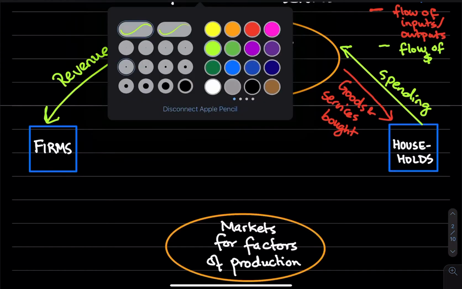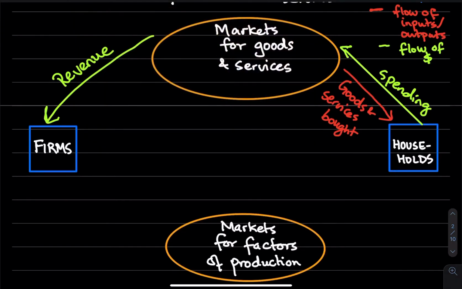And what's going to happen is this is sort of the two sides of the same coin here, where goods and services were sold in exchange for this revenue in this market. Okay, in this market, goods and services were sold.